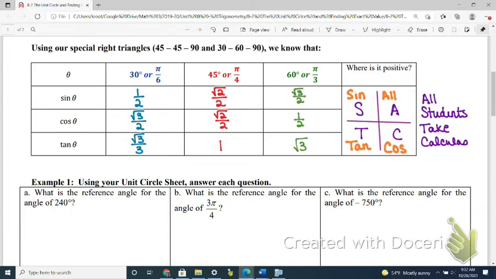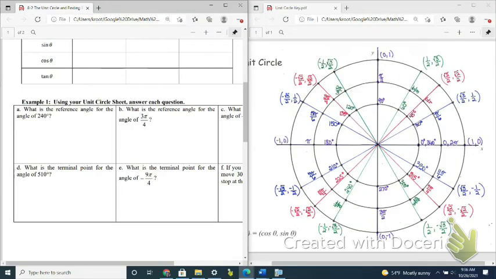So we are going to use our unit circle and answer the questions in example 1. As you can see, I have pulled up my unit circle. You need to have yours out on your table. It says, what is the reference angle for an angle of 240 degrees? So I find 240 degrees on my unit circle.